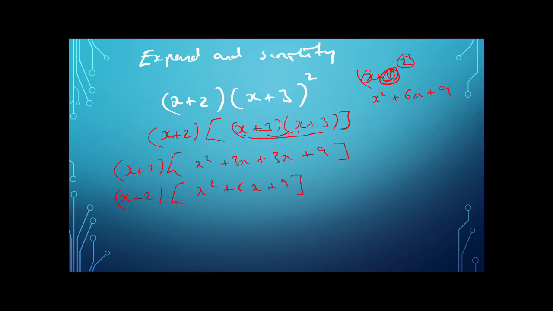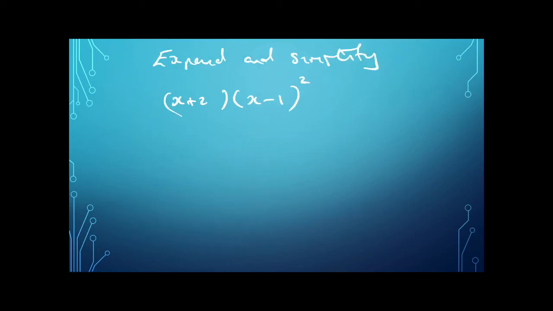Okay, and let's do x times x, which is x cubed, x times 6x, which is 6x squared, x times 9, which is 9x, 2 times x squared, 2 times 6x, which is 12x, and then 2 times 9 is 18. Adding and collecting like terms, x cubed plus 8x squared plus 21x plus 18.